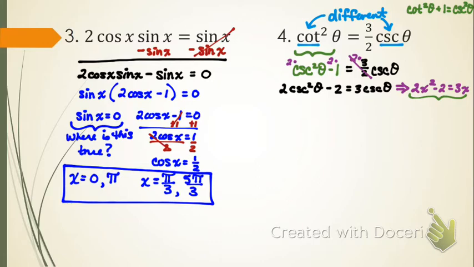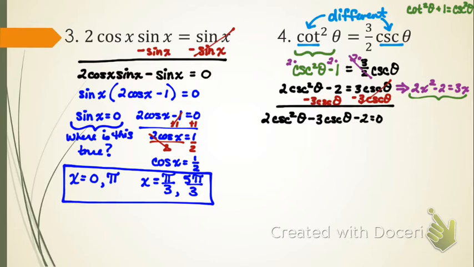When I'm solving a quadratic, I want it equal to what? 0. Equal to 0. So how do I get this one equal to 0? Yes, subtract 3 cosecant from both sides. So that's going to cancel there. So I'm going to have 2 cosecant squared theta minus 3 cosecant theta minus 2 equals 0.